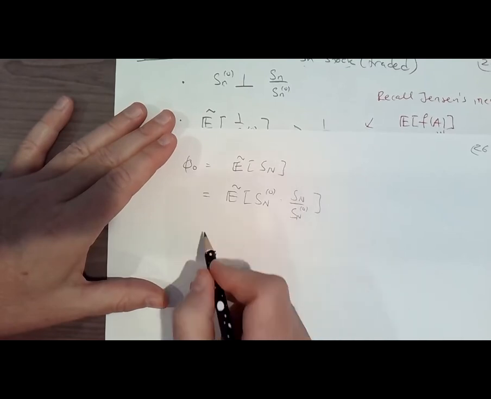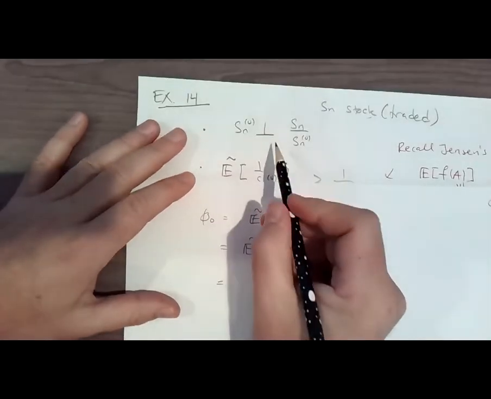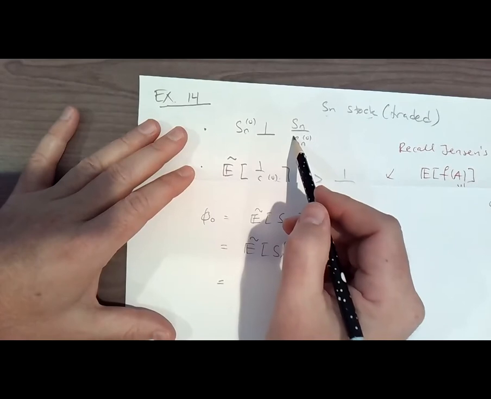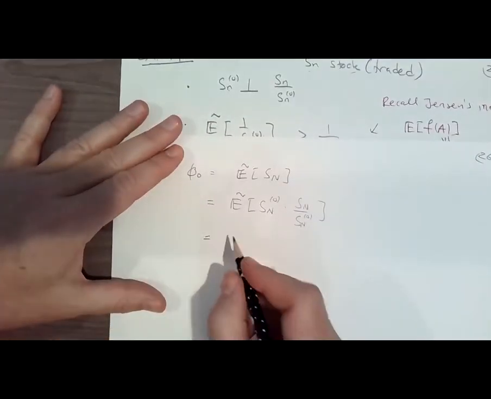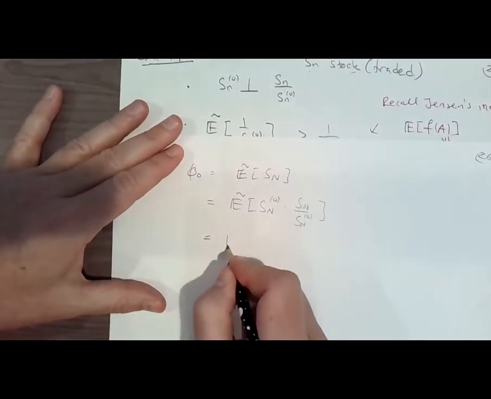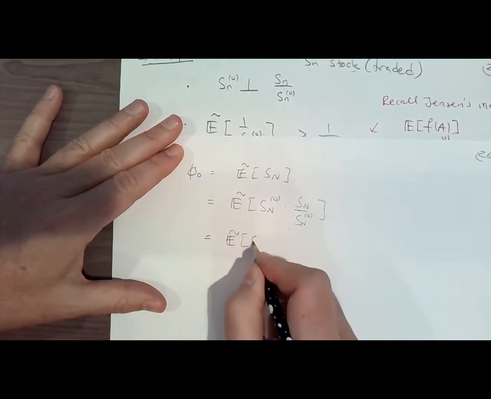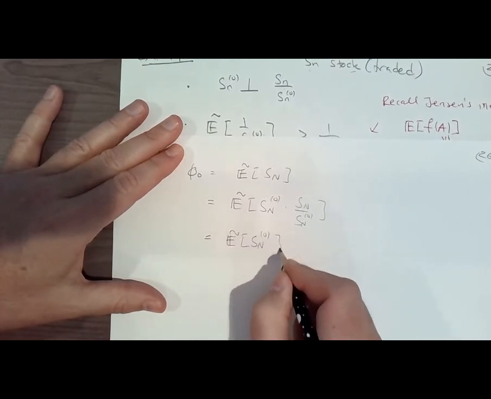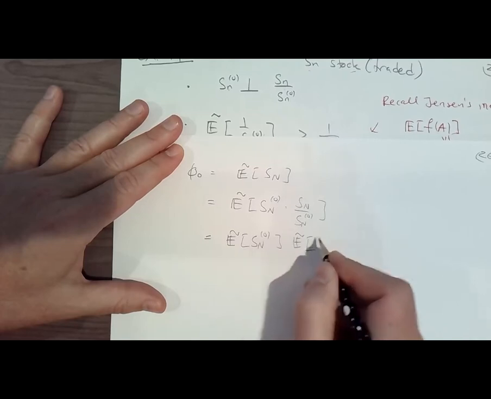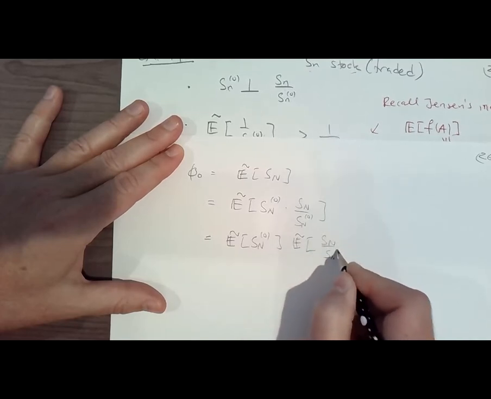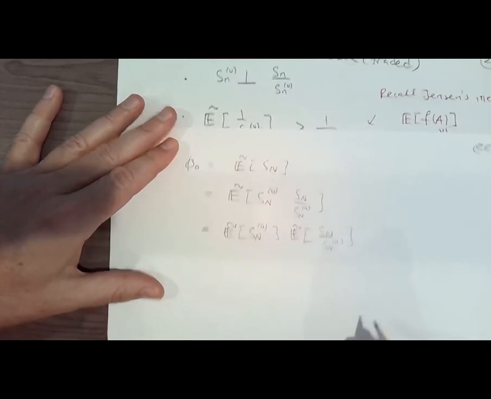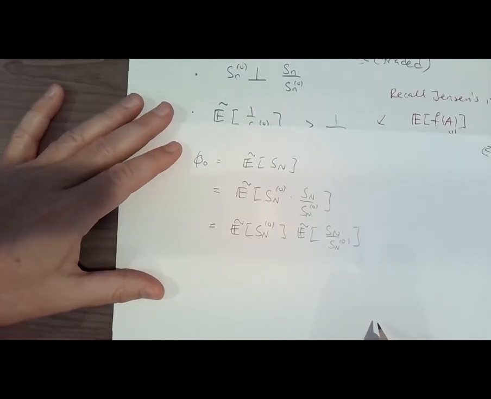And now I can use independence. Right, so this is a special property. In general, you will not have this independence, but this is assumed in this exercise. And so I can now break it. That was the independence.